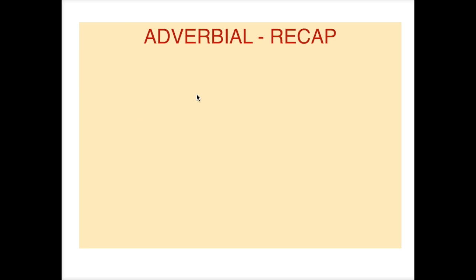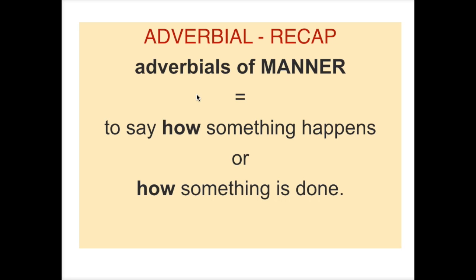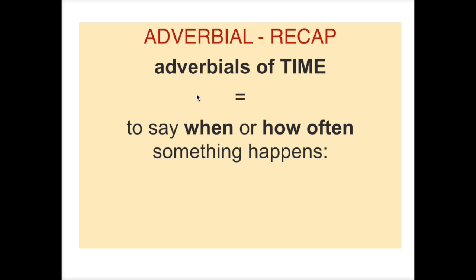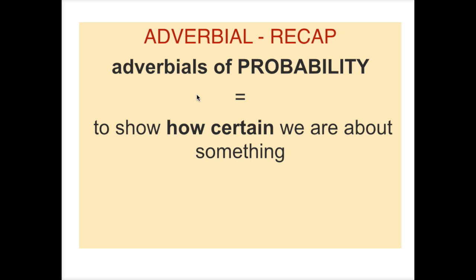So, adverbial recap. Adverbials of manner say how something happens or how something is done. Adverbials of place say where something happens. Adverbials of time say when or how often something happens, and adverbials of probability show how certain we are about something.